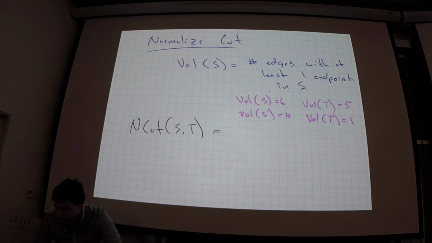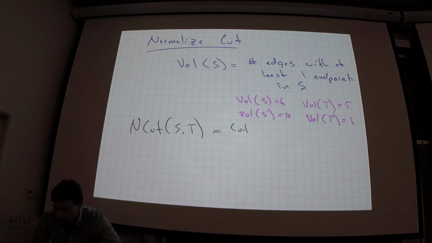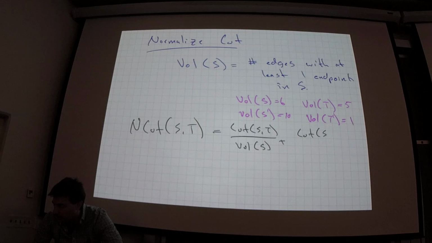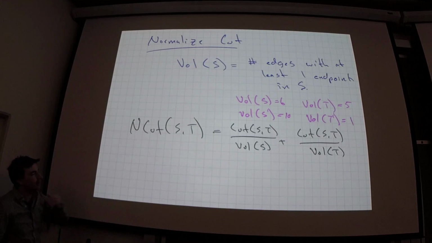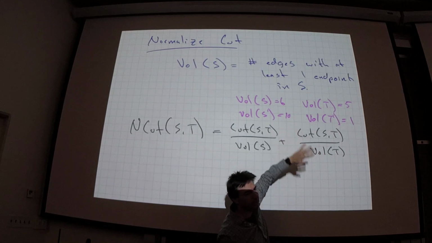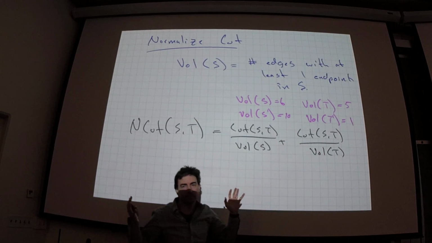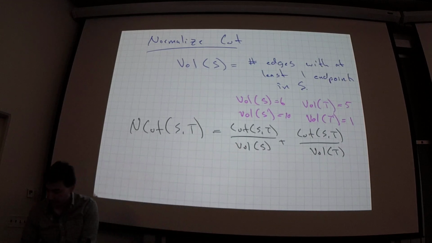And so the most common way, and the way normalized cut is defined, is going to be the cut of S, T over the volume of S, plus the cut of S, T divided by the volume of T. Okay, so now if either of these is small, then it's going to blow up that term in the sum, whereas if these are large, it's going to be smaller here.